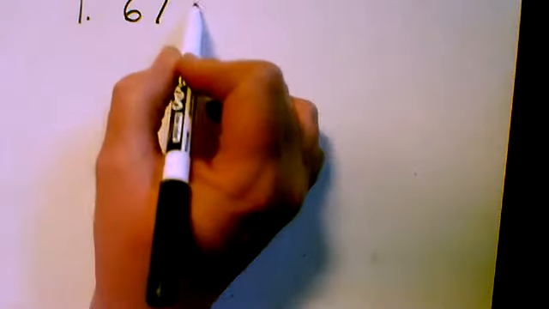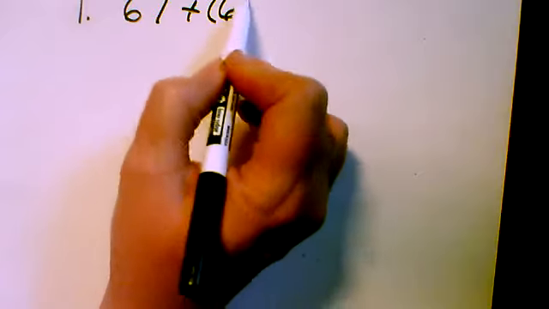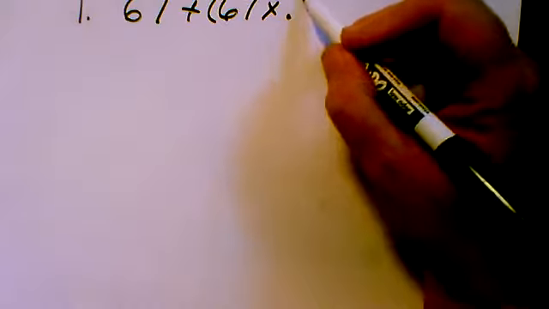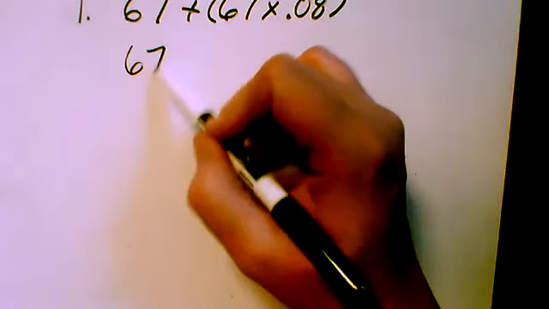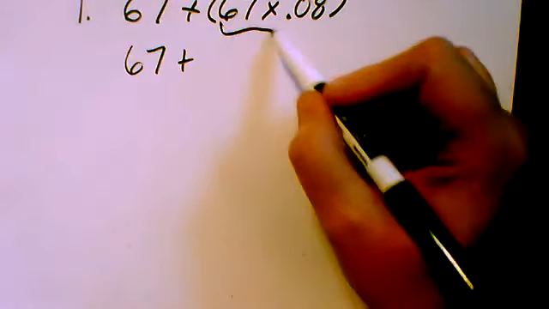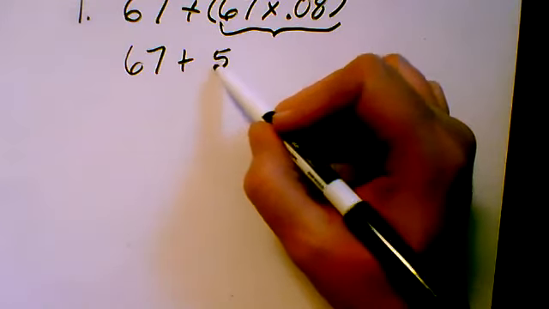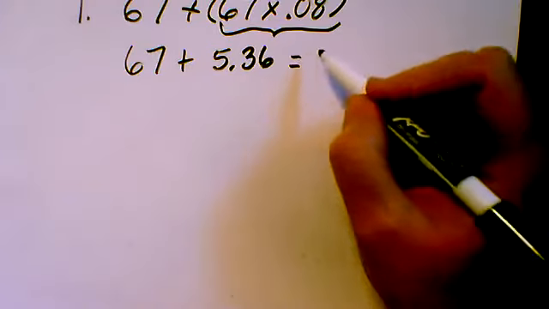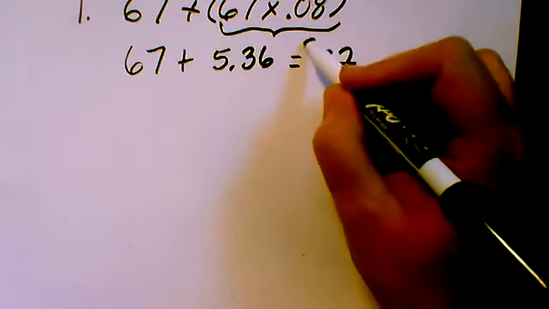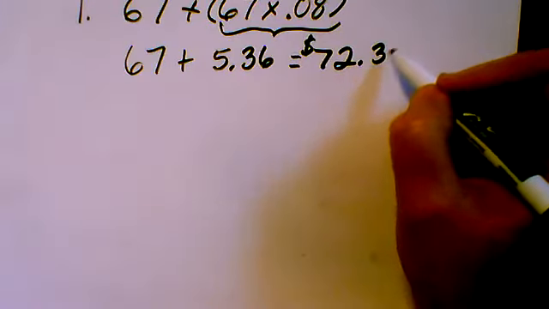So the first way we can do this, the first method, is to say 67 plus 67 times 8%. This is how you'd write 8%. And then 67 plus this answer right here, which is $5.36. Add those 2 together, and we get $72.36.